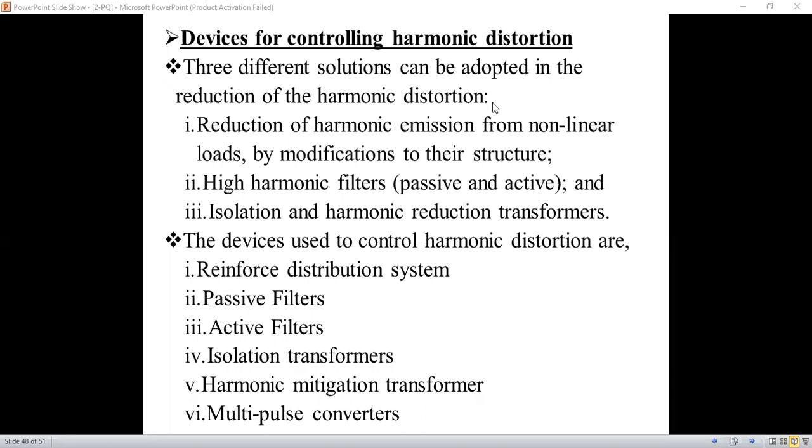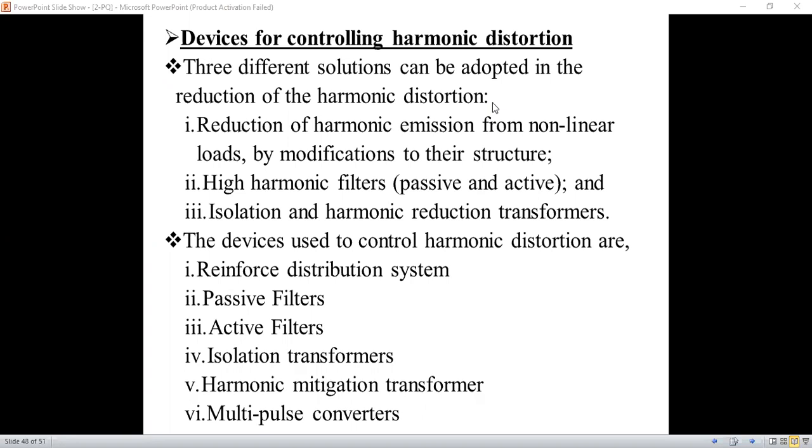To reduce or control the harmonic distortion, we have made the system into different solutions. Out of so many solutions, only three we are going to consider here. The first one is reduction of harmonic emission from the non-linear load.